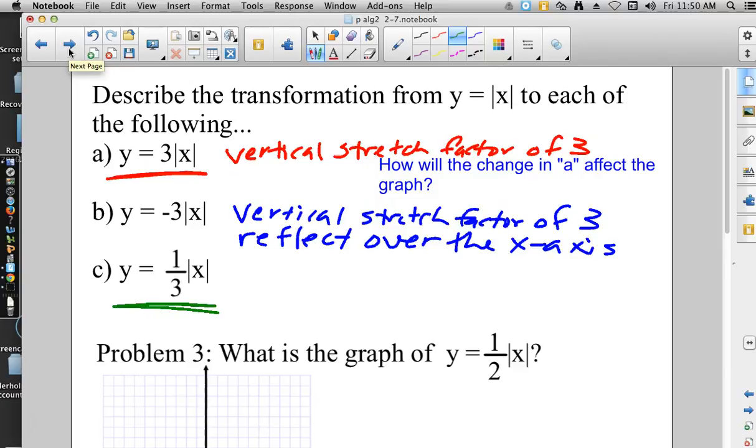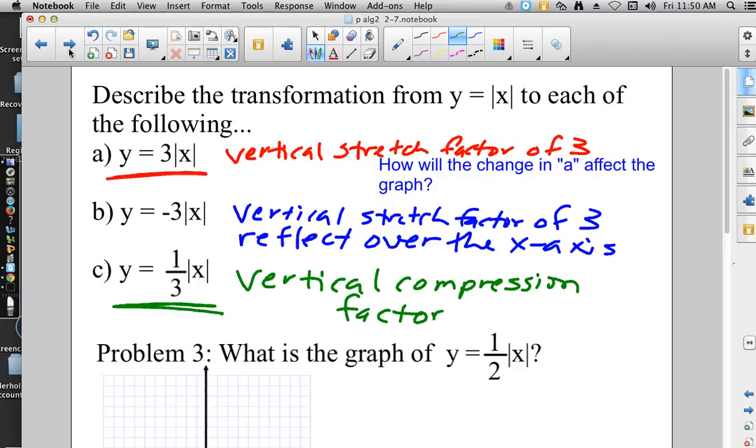What's that going to do? Good. Vertical compression. Factor of 1/3. Squishing it.